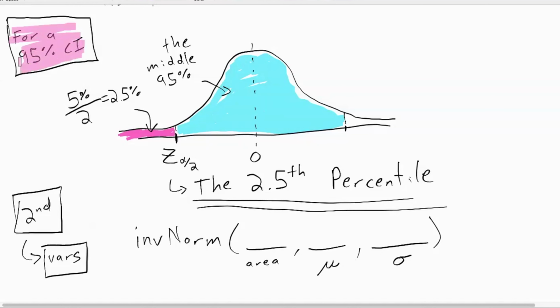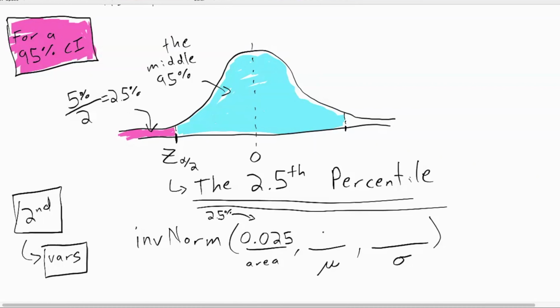We found out that the percentile we want is the 2.5th percentile, but you can't put 2.5 in here. You need to change the percentage to a decimal. That means you're going to put 0.025 as the area. We basically just took 2.5% and turned it into a decimal. And then the mean, what mean?